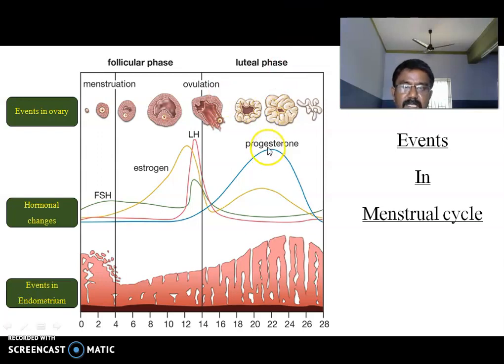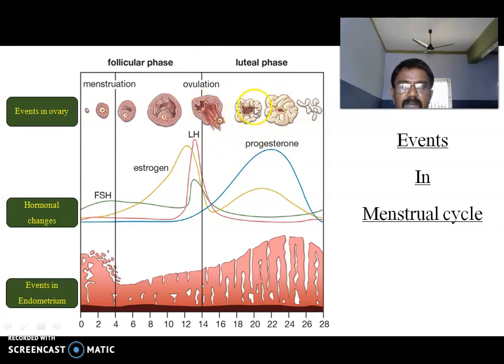Then the luteal phase. In the first part of the luteal phase, a larger amount of estrogen is secreted. After that, less estrogen and more progesterone. Progesterone is a pregnancy hormone. After ovulation, the ovary is converted into the corpus luteum.